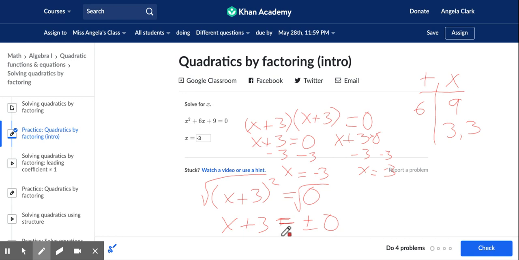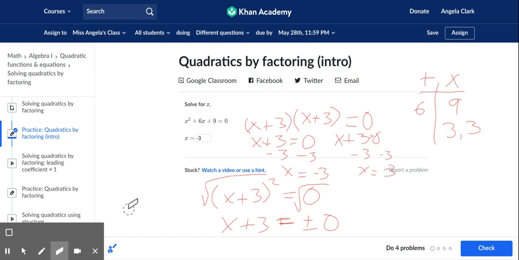Negative 0 is just 0. We don't need to split this up into two cases. Plus or minus 0 is just 0. So that's why we have this very specific situation in which we only have one solution.